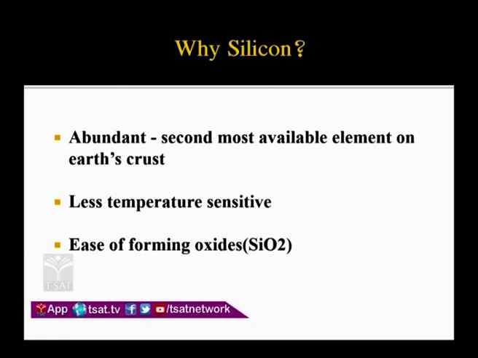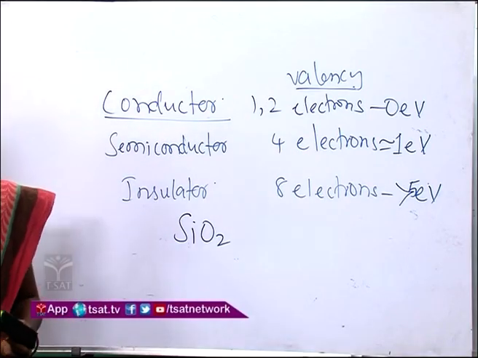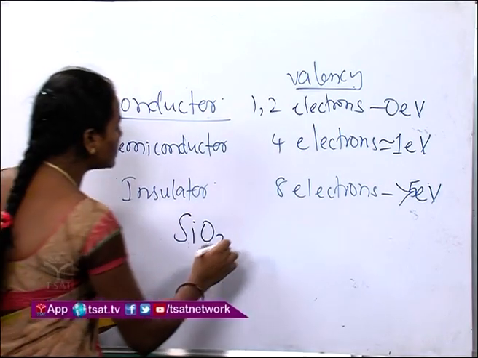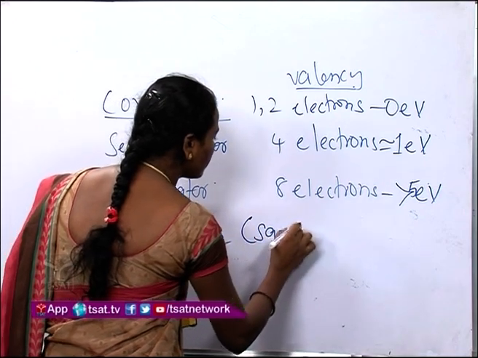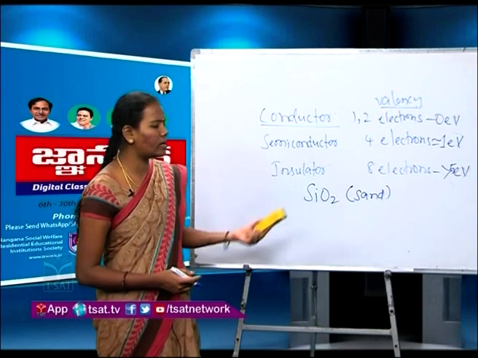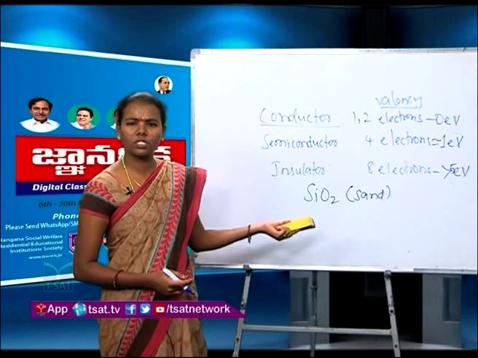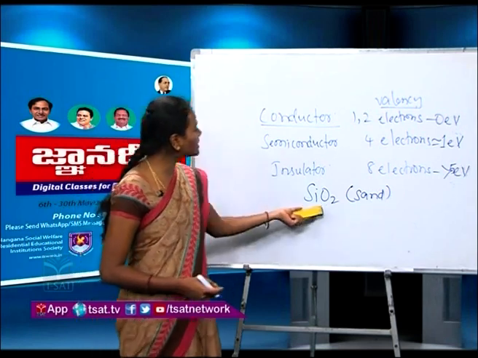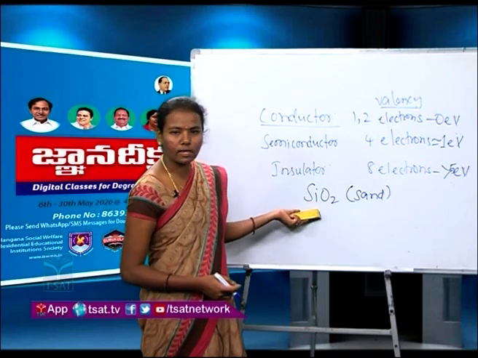It is found in the form of sand, SiO2, silicon dioxide. Silicon dioxide is nothing but sand. We can see sand everywhere, right? So it is most available, and you can extract silicon from silicon dioxide.